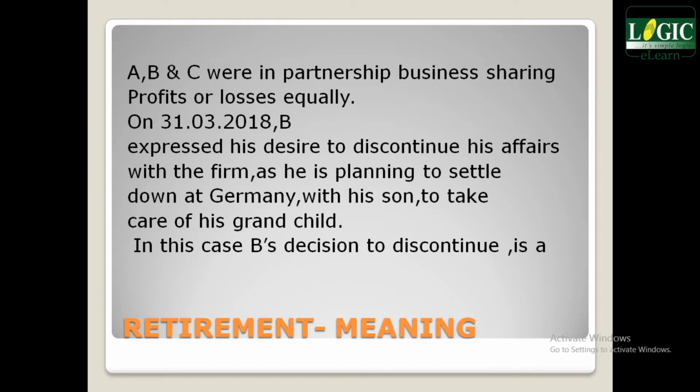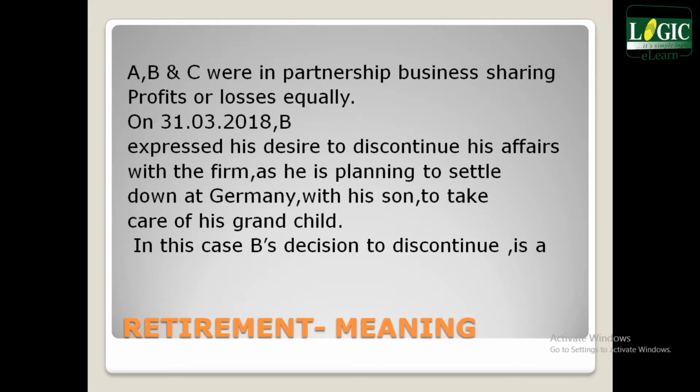You don't have a balance for the retiring partner C. Instead, whatever is there in C's account, C is eligible to receive. That will be given to him either as cash or in installments by way of loan. Sometimes a combination method, a little bit in cash and the remaining by way of loan, will be given to the retiring partner.